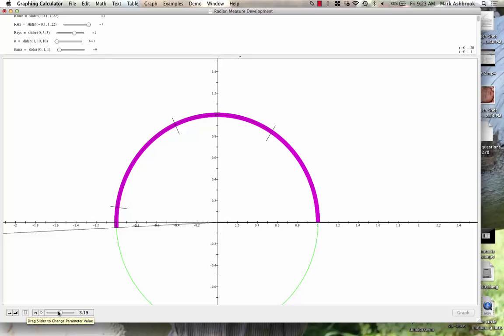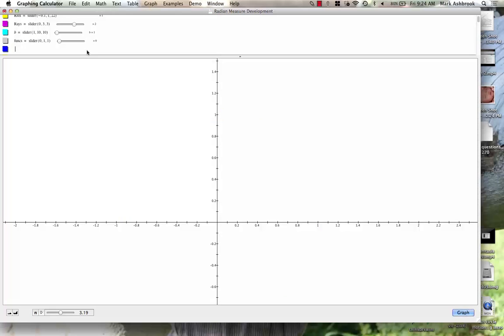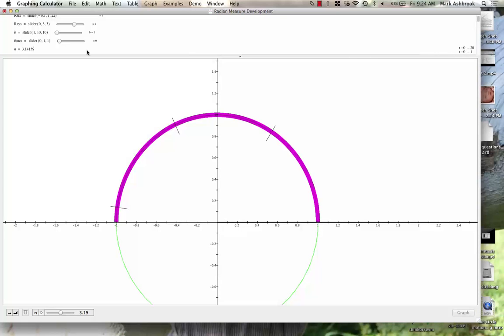And so exactly, if I come in here and I say I want n to equal 3.14159, which we know is a good approximation for pi, look where it ends. So I just set the number of radius lengths to be 3.14159, and that arc goes very, very close to exactly halfway around. Why isn't it exact?